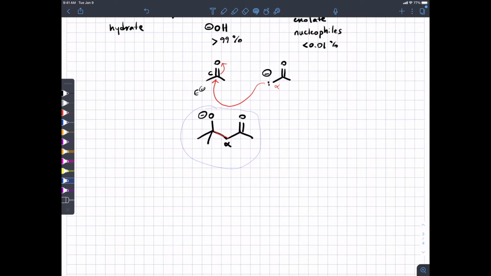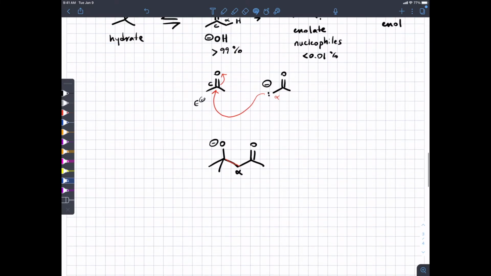And then the question we ask is, is there a decent leaving group attached to that tetrahedral intermediate? Can these electrons on this oxygen kick back down and kick off anything? Well, they're certainly not going to kick off the CH3 groups. It turns out kicking off the enolate is possible. And what that means is this step where the enolate adds to the carbonyl is reversible. That's an equilibrium step.